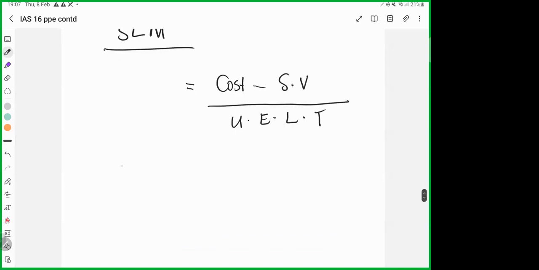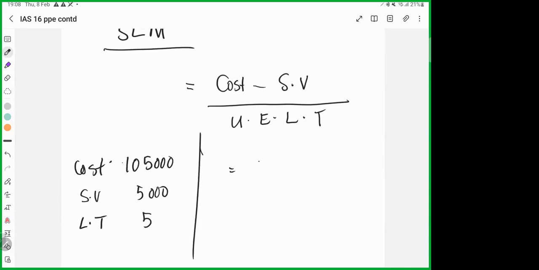In my example, 105,000 is the cost, the salvage value is 5,000, and the lifetime is 5.